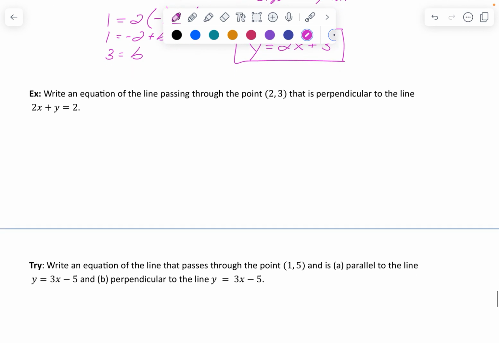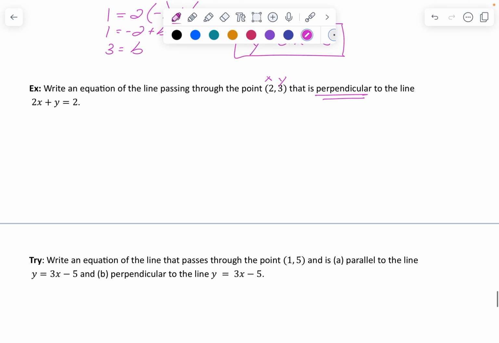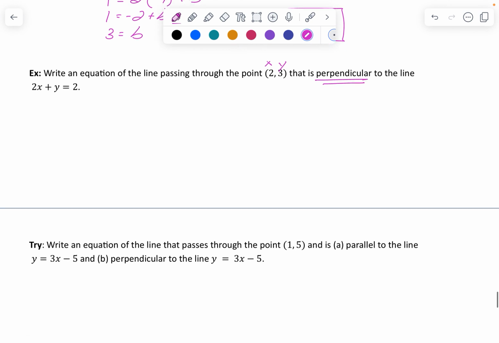Next one, write an equation of the line passing through this point, so that's my x, y again, perpendicular to this line. Okay, well, perpendicular means opposite reciprocal, but I don't know what the slope is yet. So let's subtract 2x from both sides. y equals -2x plus 2. Okay, so slope is -2. Perpendicular slope would be +1/2.